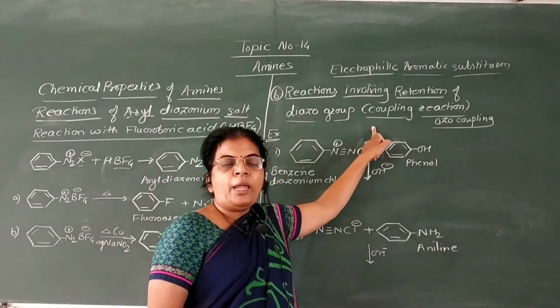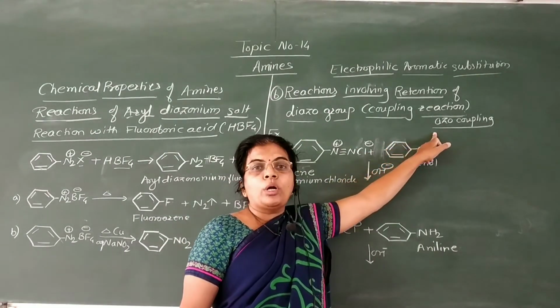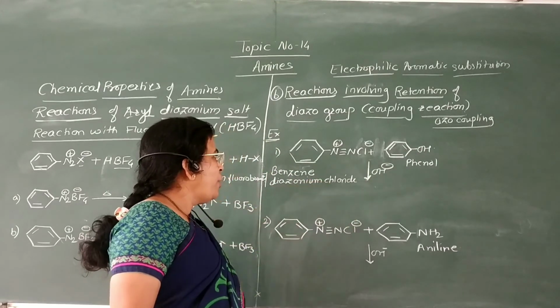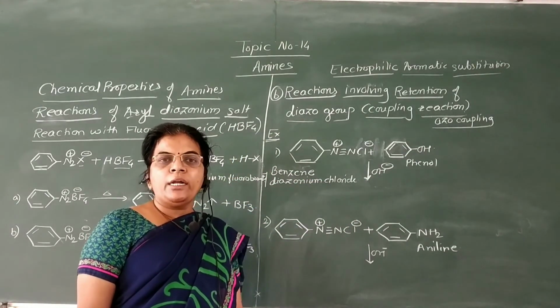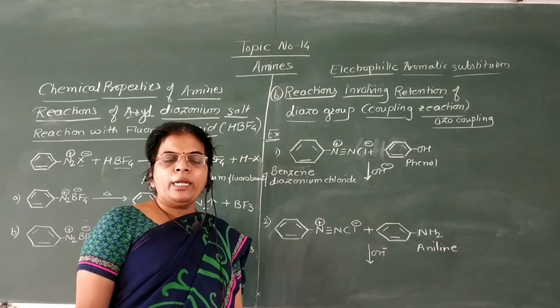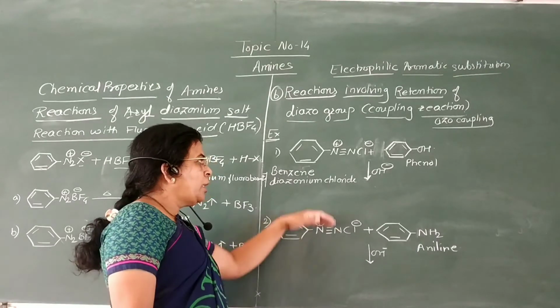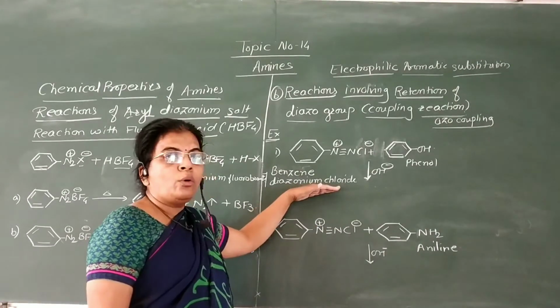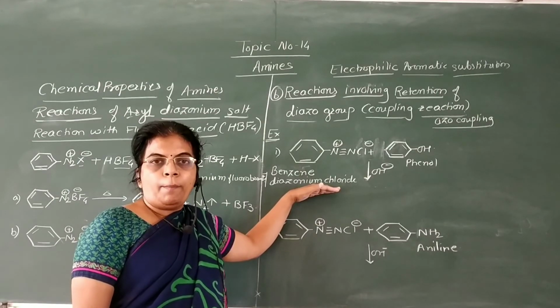This reaction is named as coupling reaction, or it is also named as azo coupling. Now here, when benzene diazonium chloride is treated with any aromatic compound like phenol or aniline, then it undergoes azo coupling to give colored compounds.